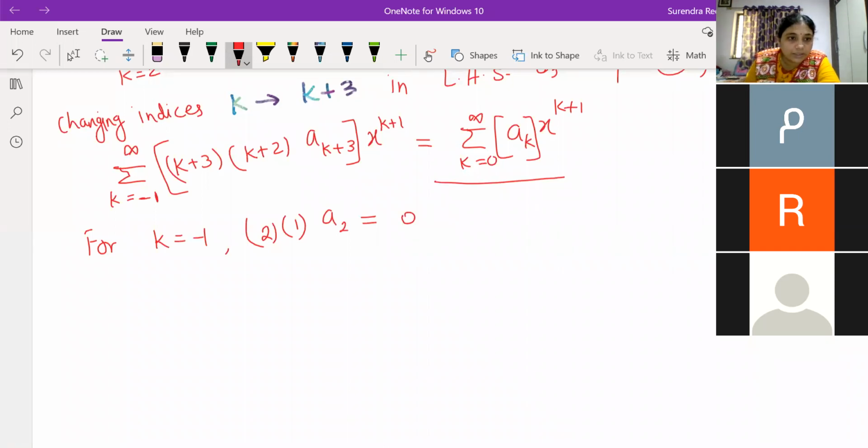So here I am comparing coefficients of x raised to k plus 1. Now when k is equal to -1, the left hand side is 2 times a2, but the right hand side is 0.